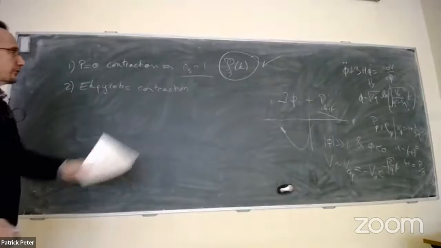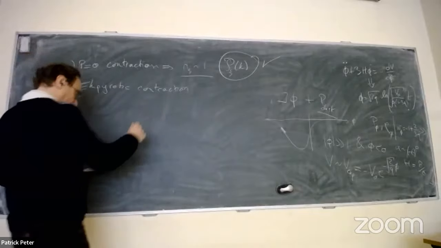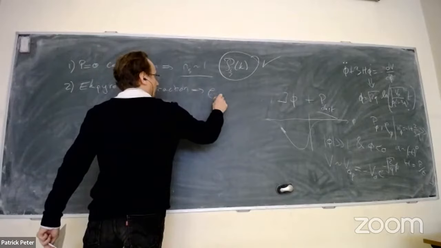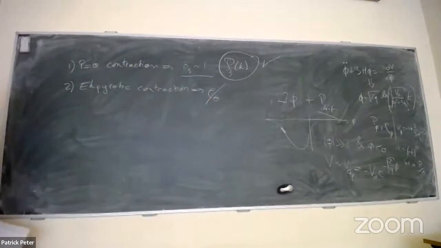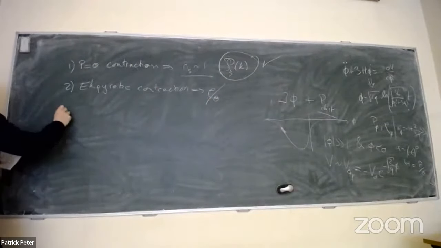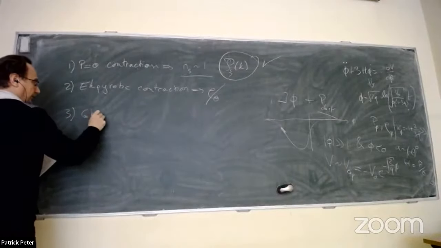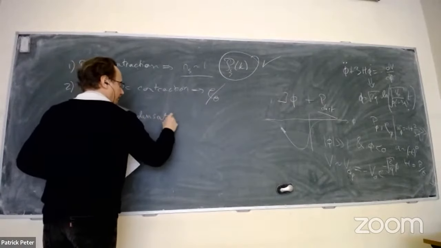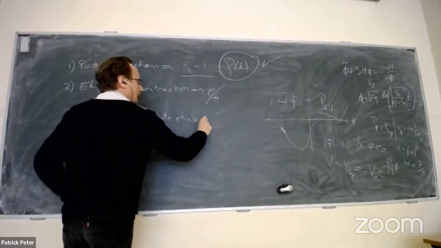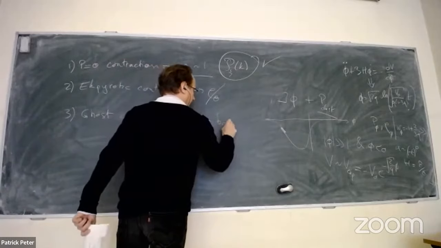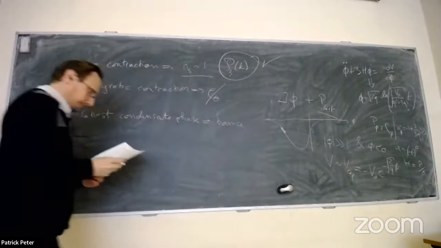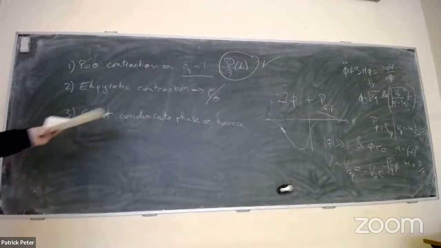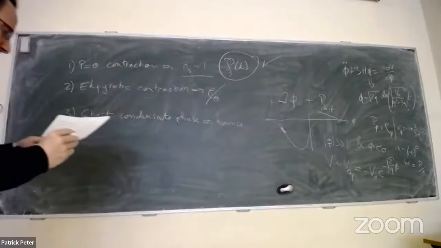My Ekpyrotic contraction permits to remove any initial shear contribution, right? Then I have the ghost condensate phase. That's the bounce itself, right? And I can calculate exactly what's going on in this case.